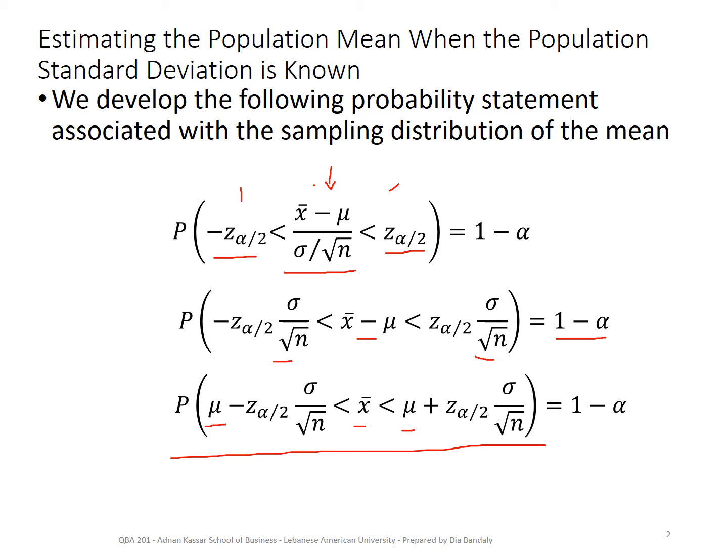I'm going to assume that you understood that, and you're going to trust me that we can do exactly the same algebraic development and have a probability statement with mu in the middle part instead of x bar.